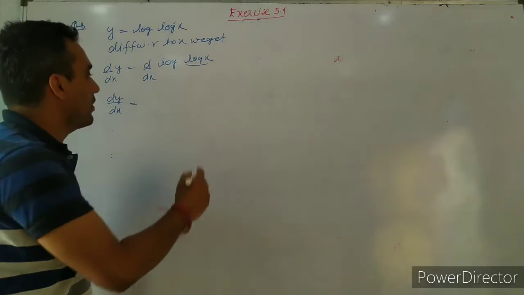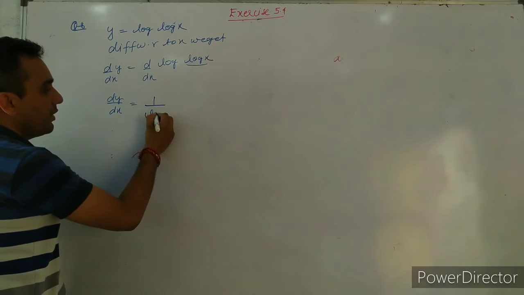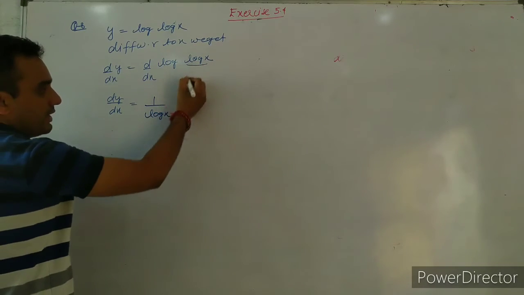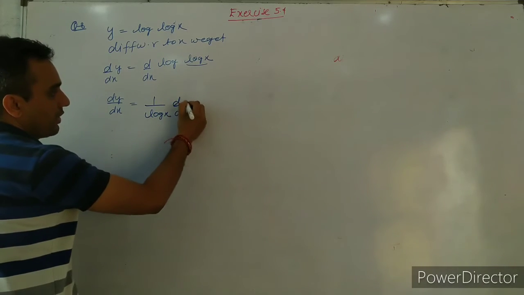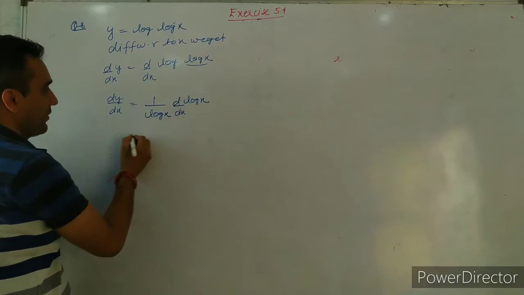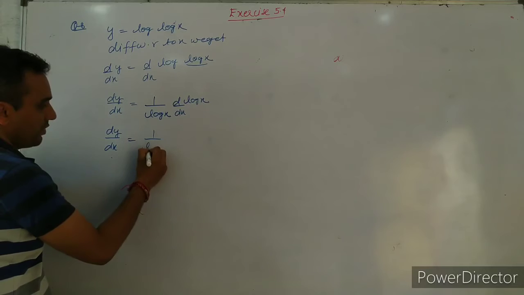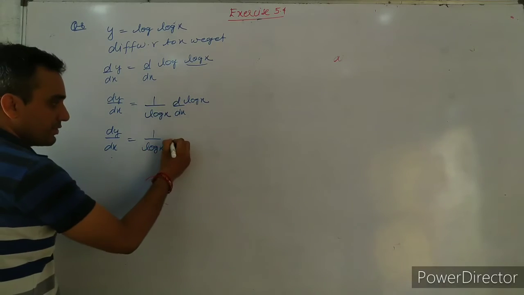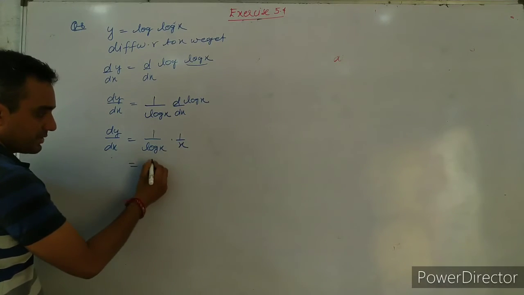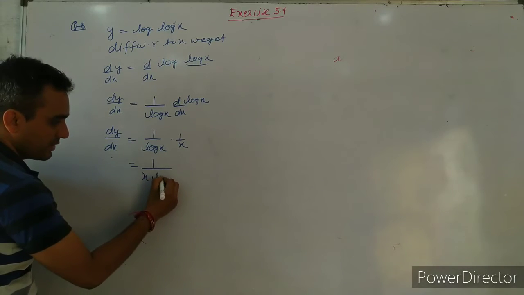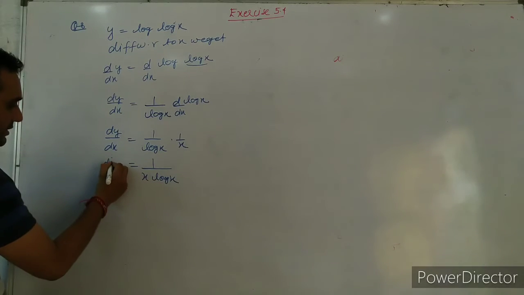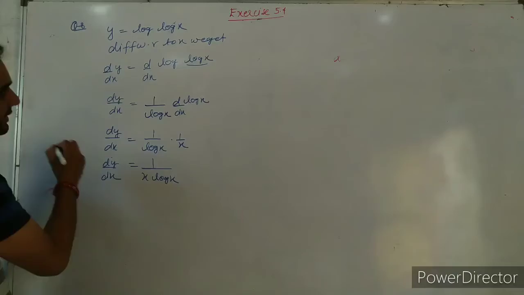So differentiation of log log x is 1 upon log x, and again differentiation of log x. So this will give me dy upon dx, 1 upon log x, and differentiation of this log x is 1 upon x. So we are having 1 upon x log x as dy upon dx.